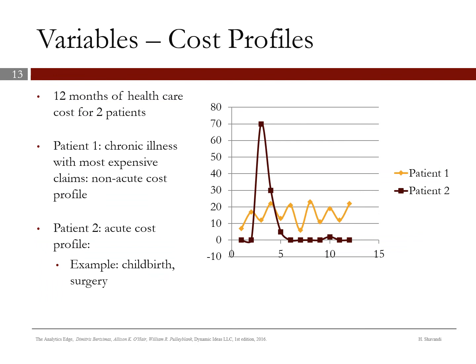Another variable in the variables is about the cost profiles. Here we have an example. We have two patients here. Patient one, as you see here, doesn't have a sharp change in the claim cost in the past 12 months. Okay, it's almost constant in the range of $10,000 to $20,000.